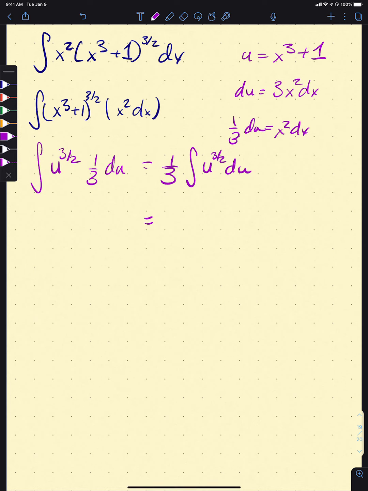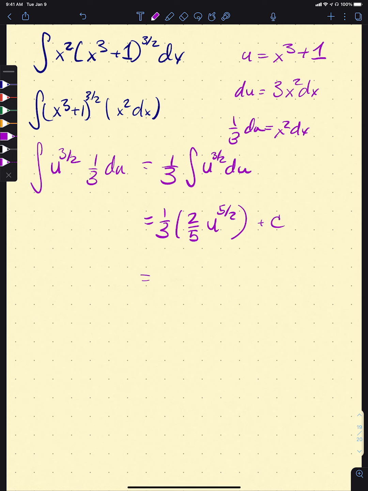And now we can evaluate it. Our 1/3 stays. We're going to get 1/3 times u to the 3/2 plus 1, which is 5/2, so times 2/5, because it's 1 over that, u to the 5/2, and then that's plus c.